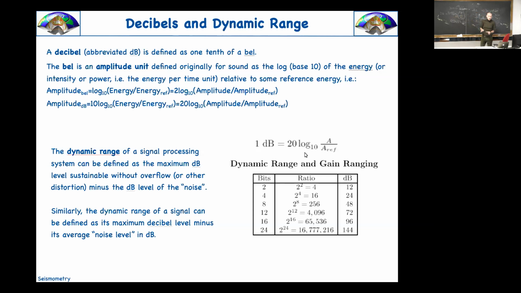Now, there is another version, not using intensity but using pressure. You know that when you have a wave, the energy is related to the square of the amplitude, both kinetic and potential energy.